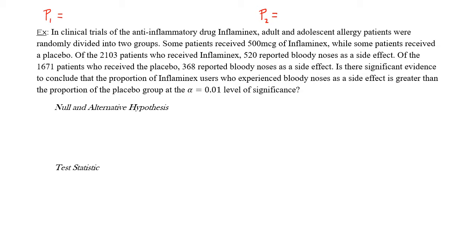In this case, we're looking at one group that received the drug and one group that received a placebo. And so, remember what we're trying to look at is the proportion that got bloody noses. So P1 will be the proportion of the participants that received the drug that also got bloody noses.